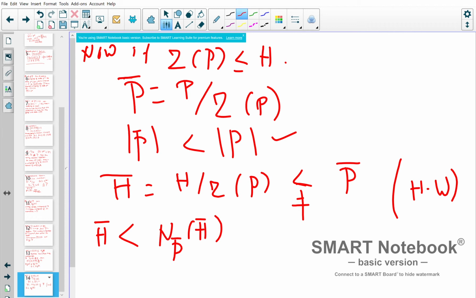Now the only thing you need to prove is that this is a subgroup inside P bar.